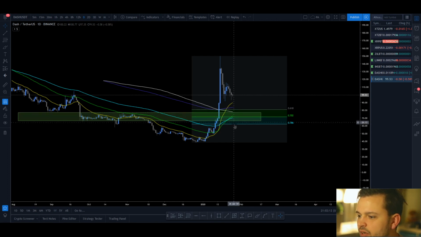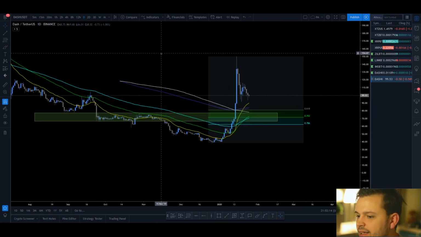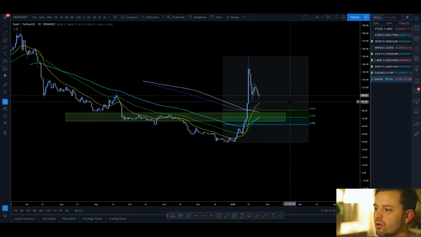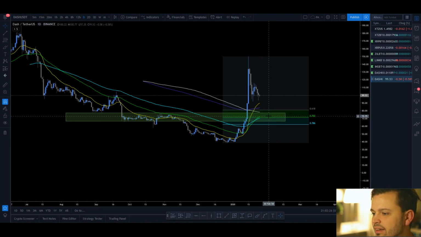You have the green 55 and the blue 99 exponential too in this area. So basically what I'm looking for is exactly the same as the BTC pair. And when you have both the BTC pair and the USDT pair looking the same and actually looking bullish, that's added confidence to the bullish case, basically, when you have both pairs looking good.